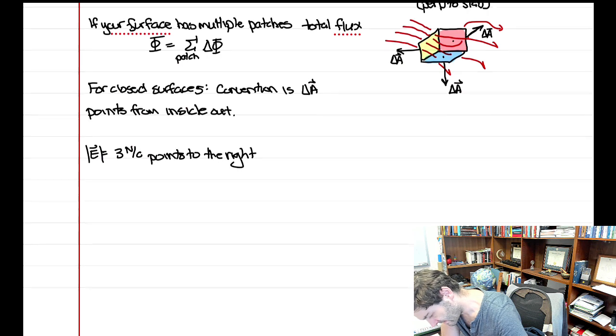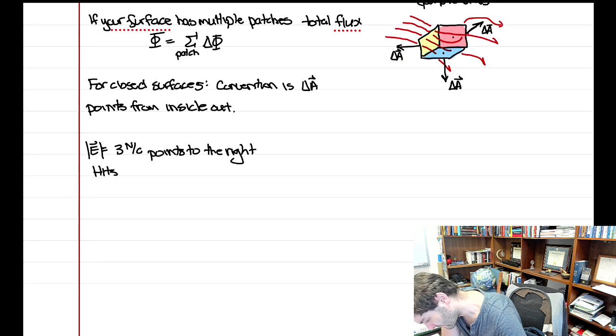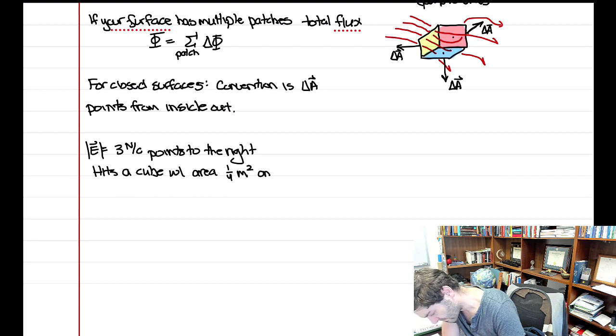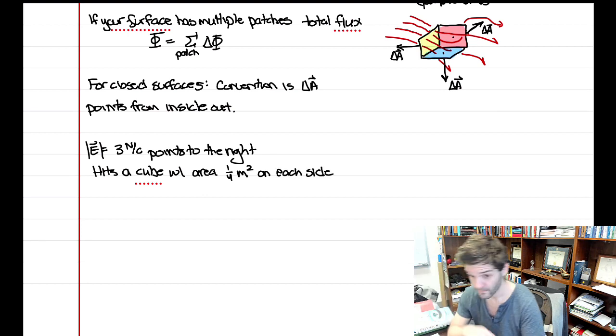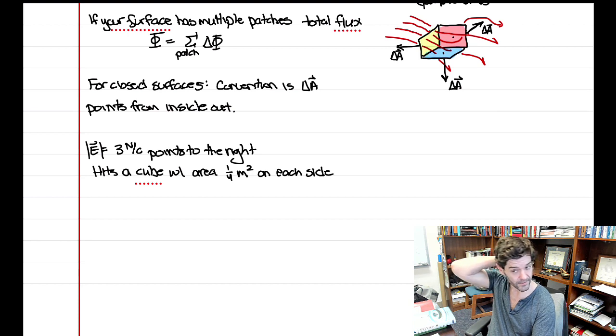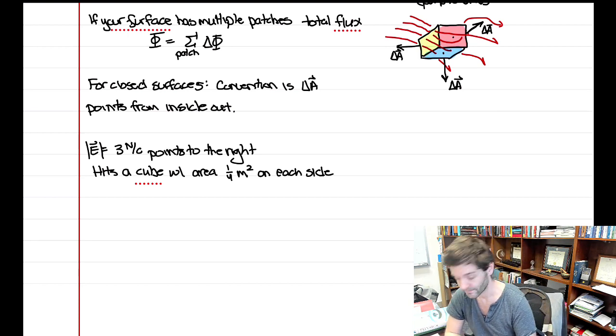And then it hits a cube with area kind of 1/4 meters squared on each side, which just means that every side of the cube has a length of 1/2 meter.